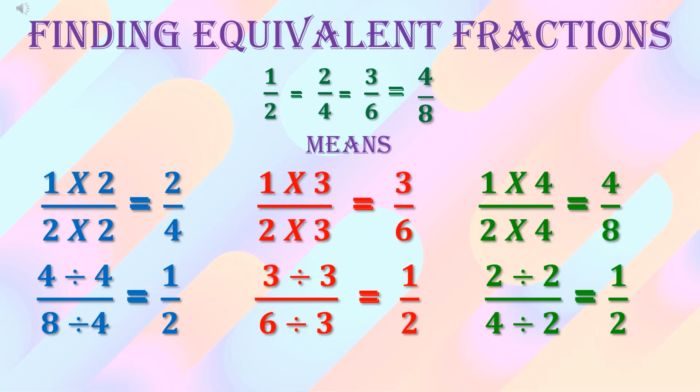fraction 2/4. अगर हम 1/2 फ्रैक्शन ले रहे हैं और उसमें न्यूमरेटर 1 है और डिनोमिनेटर 2 है। न्यूमरेटर और डिनोमिनेटर दोनों को हम अगर 2 से मल्टीप्लाई करें, we will get the fraction 2/4.